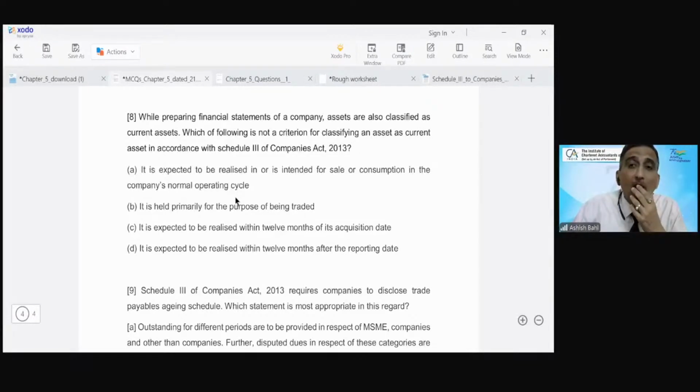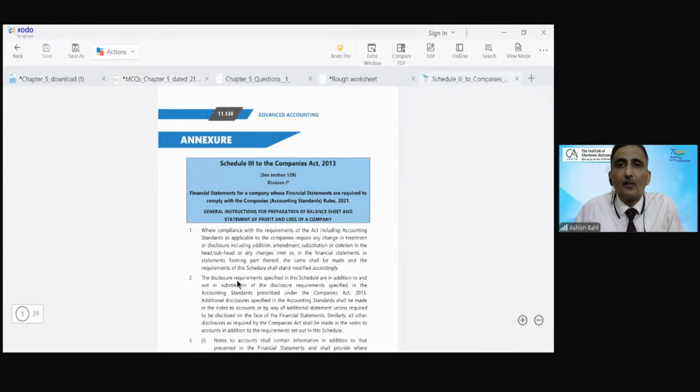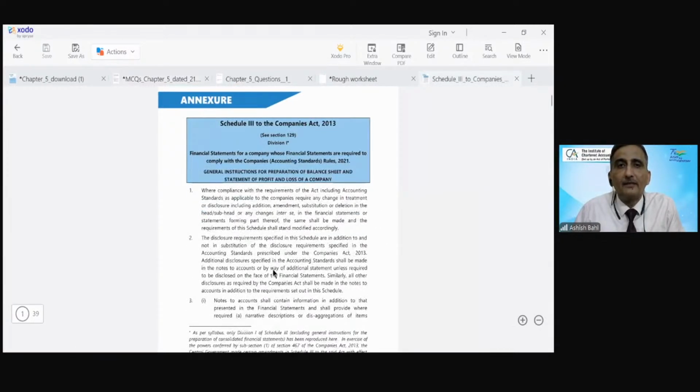Which of the following is not a criteria? It means 3 of these are criteria and 1 is not a criteria. So let us see the Schedule 3 requirements. What are the Schedule 3 requirements?